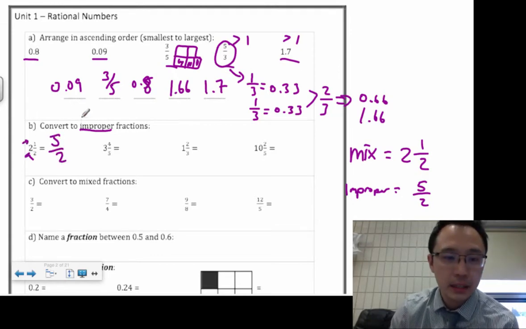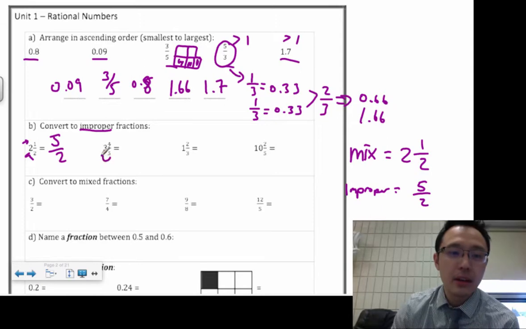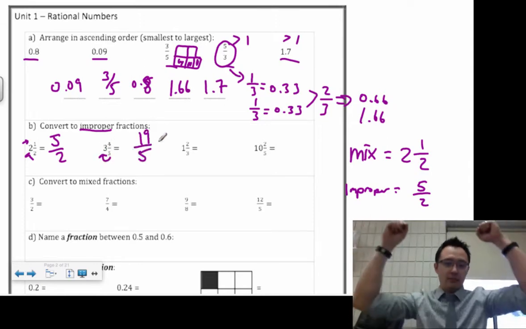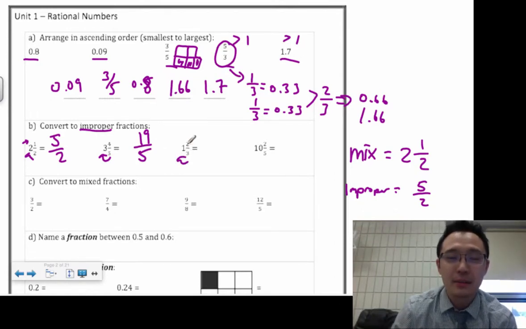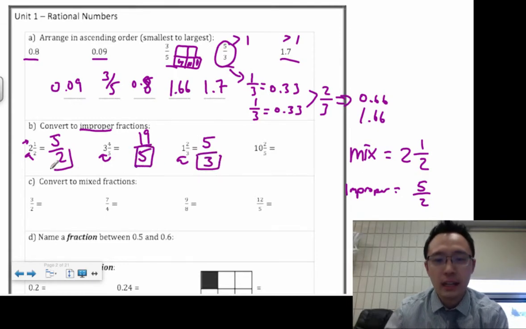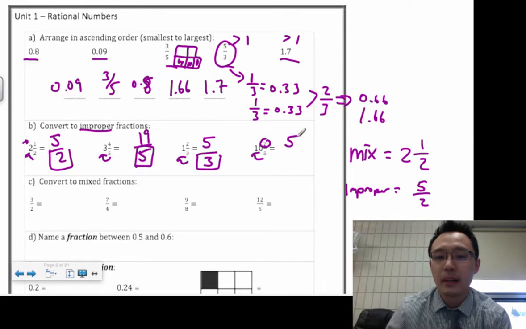Denominator stays the same. 5 times 3 is 15 plus 4 is 19 over 5. And then the next one, 3 times 1 is 3 plus 2 is what? 5 over 3. Notice all my denominators stay exactly the same. No changes. And then this one is 5 times 10 is 50 plus 2 is 52 over 5.